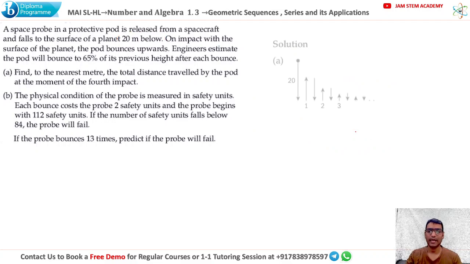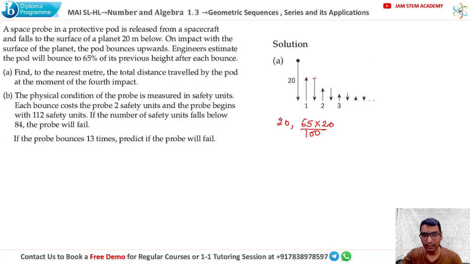Okay, so the diagram looks like this. Here the first height is 20 meters. And this second height, this one, is 65% of the 20, which gives me the second term. So what is that actually? The first term is 20, the second term is 65 times 20 over 100, or you can say 0.65 times 20, right? So in this way it covers the same distance again, right?